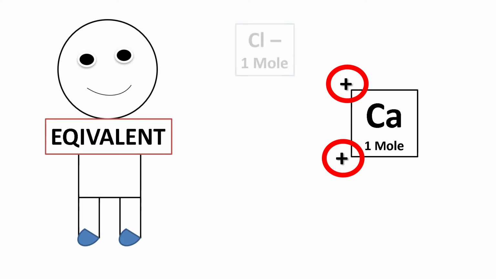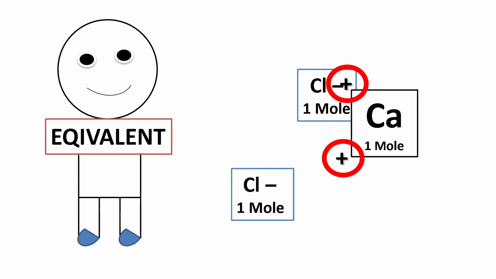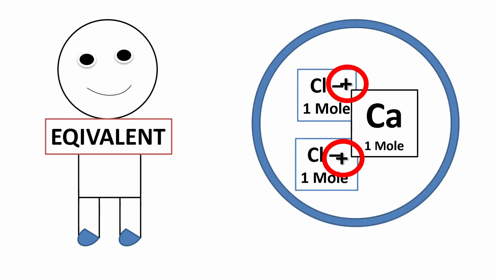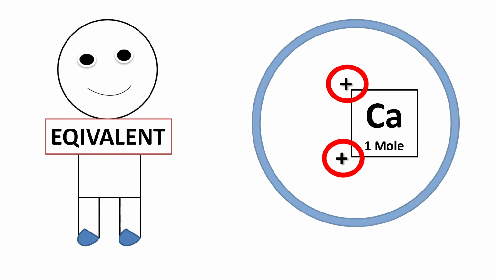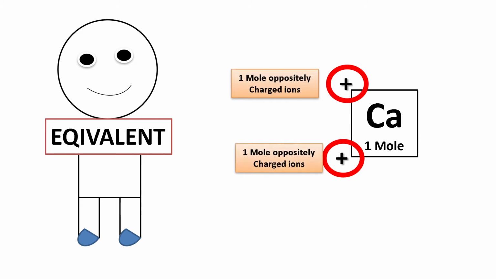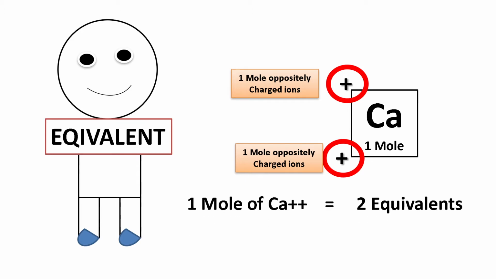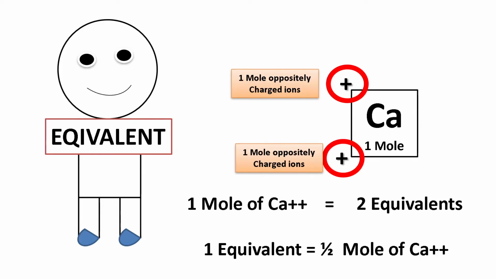It will need 1 mole of chloride ions to bind with 1 ligand and another 1 mole of chloride ions to bind with the other ligand to form 1 mole of calcium chloride molecule. Therefore, we need 2 moles of oppositely charged ions to bind with 1 mole of calcium ions. That means 1 mole of calcium ions is equal to 2 equivalents, or 1 equivalent is equal to half a mole of calcium ions.